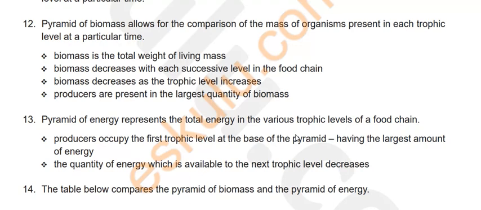Number 13, the pyramid of energy represents the total energy in the various trophic levels of a food chain. Producers occupy the first trophic level at the base of the pyramid, having the largest amount of energy. The quantity of energy available to the next trophic level decreases.